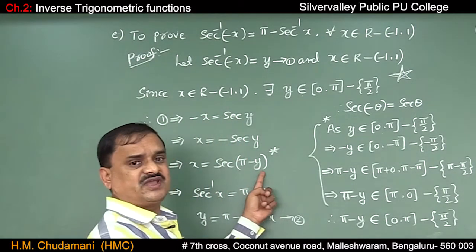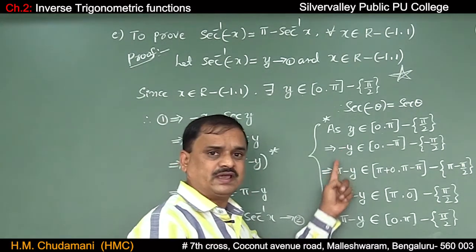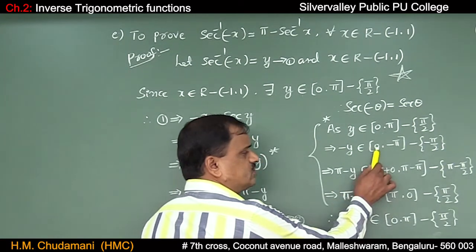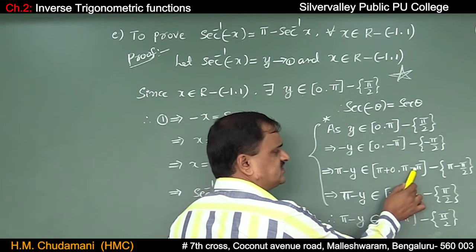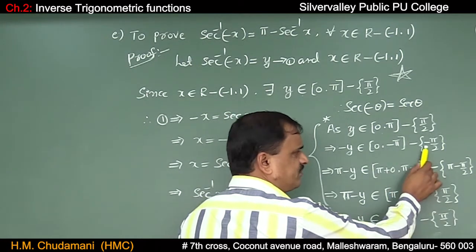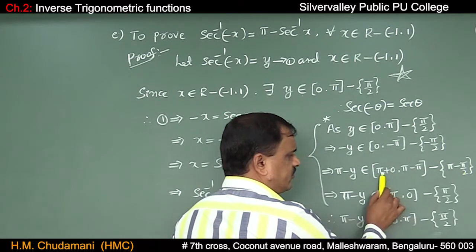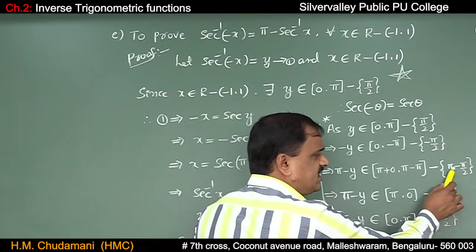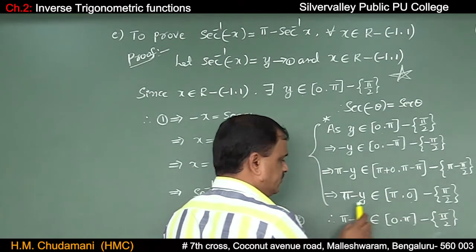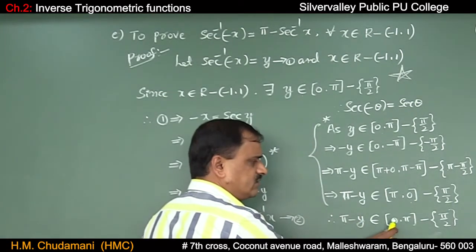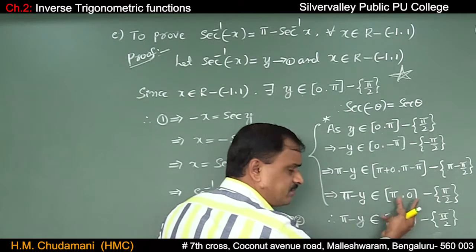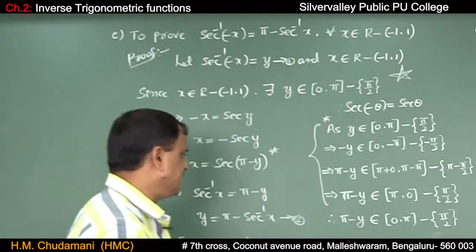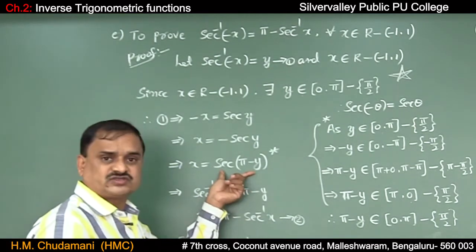We want pi minus y, so add pi: pi minus y belongs to 0 plus pi, minus pi plus pi, minus pi by 2 plus pi. So pi plus 0 means pi, minus pi plus pi gets cancelled, 0. Pi minus pi by 2 means pi by 2. Therefore pi minus y belongs to pi comma 0, which is the same as 0 comma pi except pi by 2. So therefore the inverse of this exists.